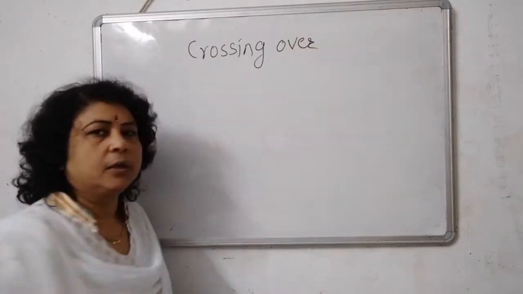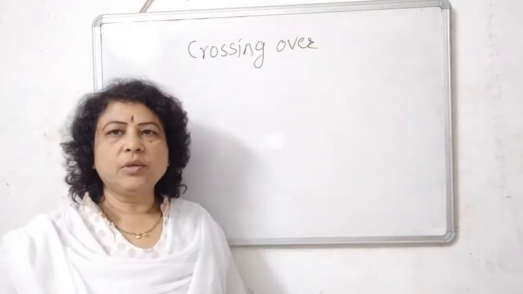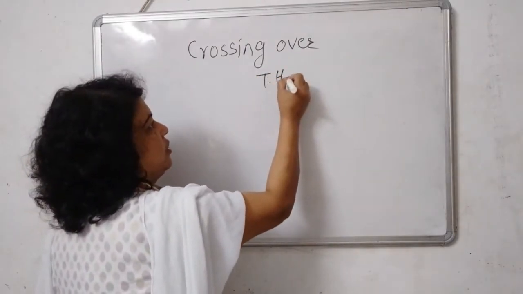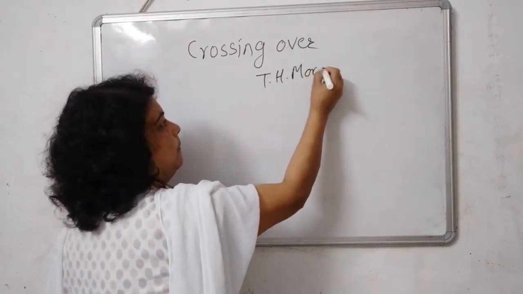Crossing over. This term, crossing over, was given by the scientist T.H. Morgan.